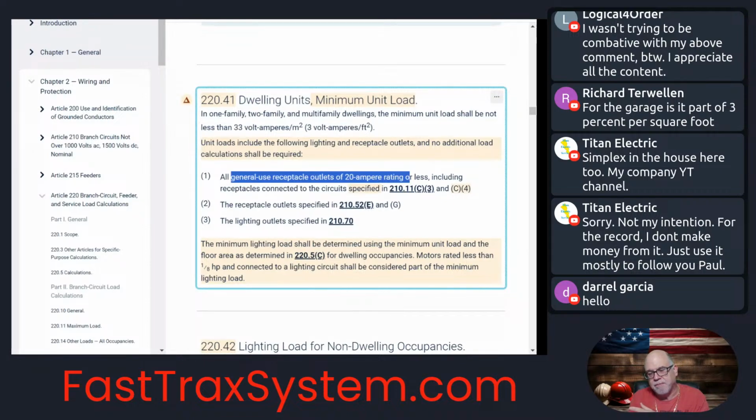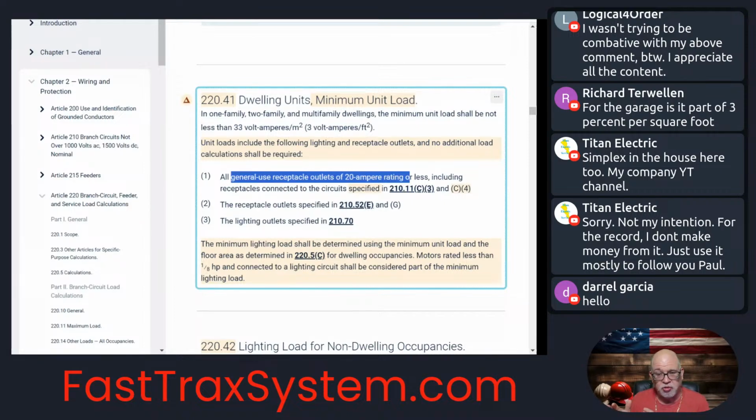If you account for the unfinished basement, that very much is factored into the 3 VA per square foot. So if a customer ultimately wants to add some additional receptacle outlets in a basement, that's not going to increase the service load. We don't have to refigure that, because that square footage is included in your original 3 VA per square foot.